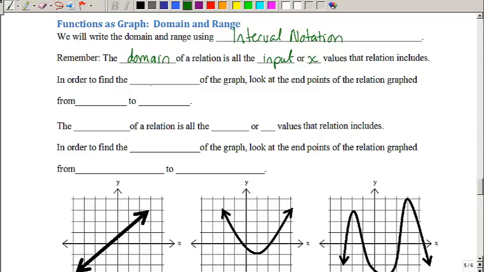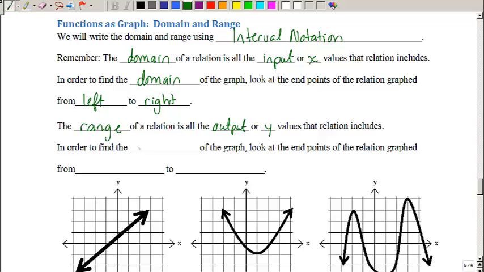In order to find the domain of the graph, I want you to look at the endpoints of the relation graphed from left to right. We will include all the values in between the two endpoints as long as the graph is continuous. The range of a relation is all the output, or y values, that the relation includes.